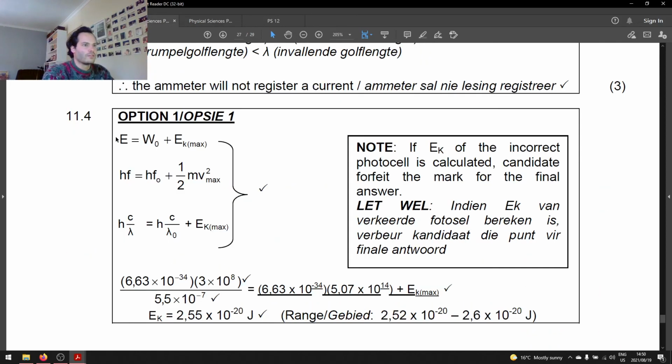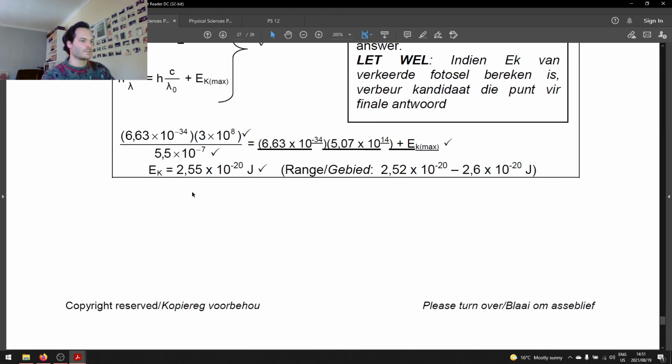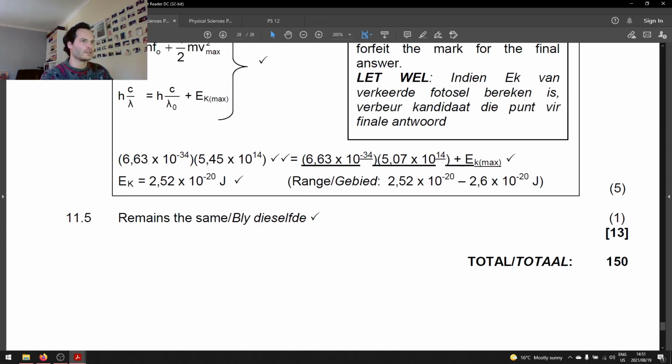Remember here, if we look here, the energy is just h times the frequency, or hc over lambda. The energy of the ultraviolet light stays the same. Work function stays the same, so my kinetic energy will have to stay the same as well. So we choose here that it remains the same. As we can see here, we just say remains the same.